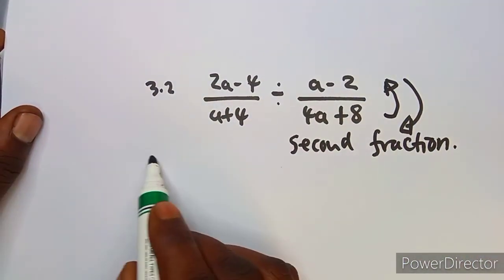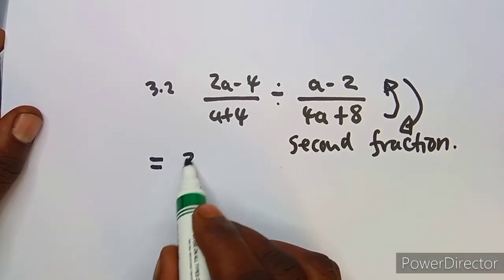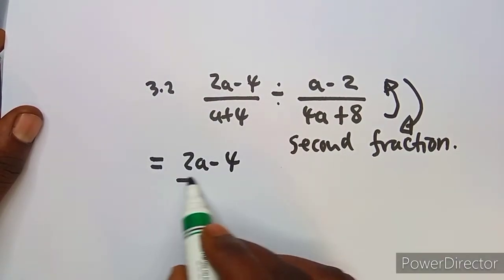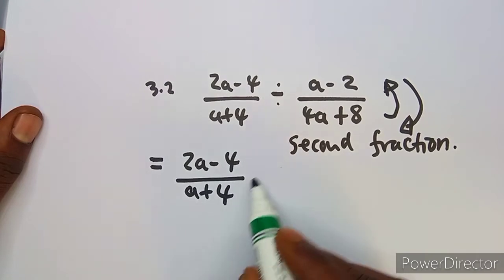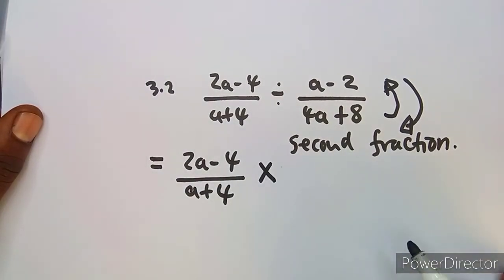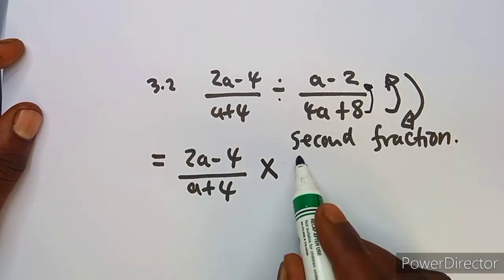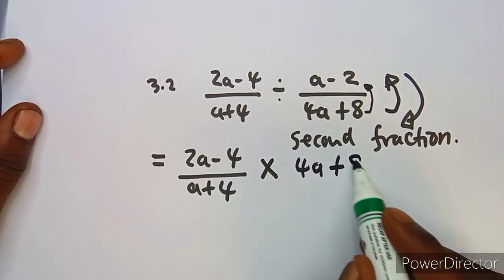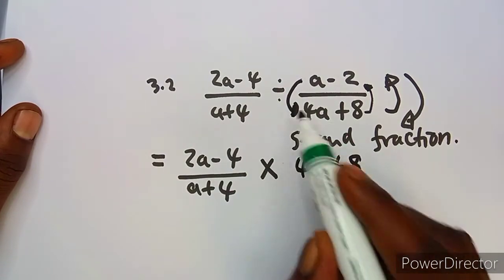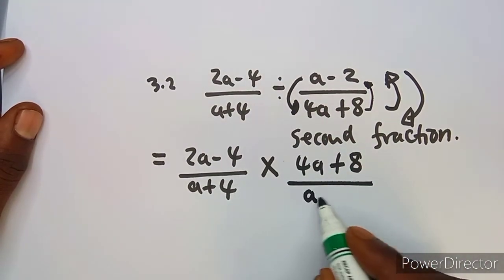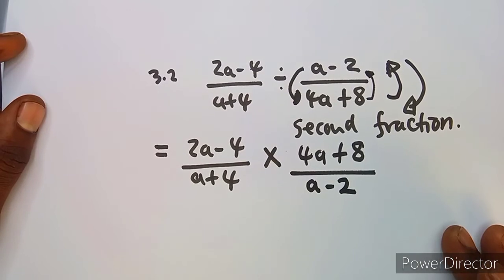So this is going to remain as it is, 2a minus 4 over a plus 4, multiplied by, the moment you introduce multiplication, you are now inverting. So 4a plus 8 is written on top, and a minus 2 below.